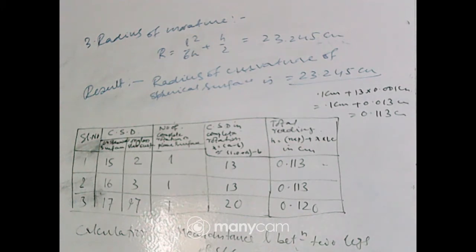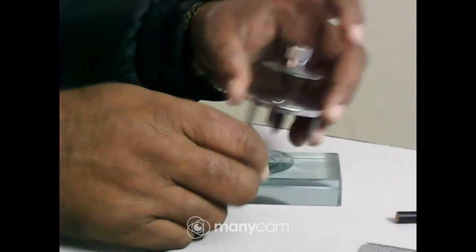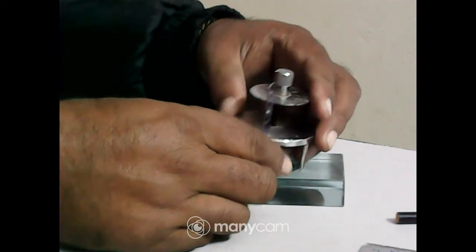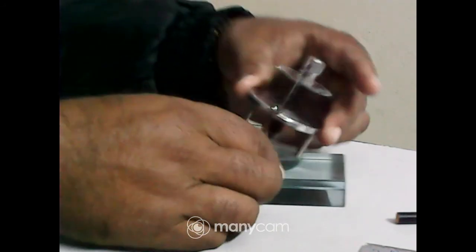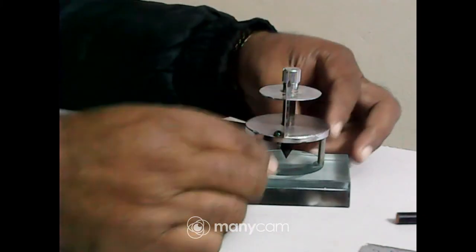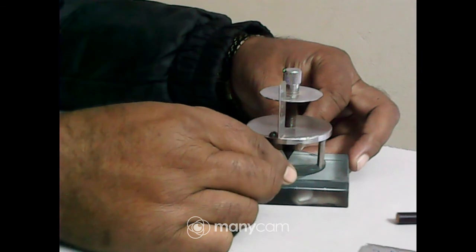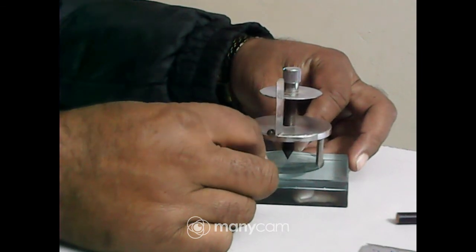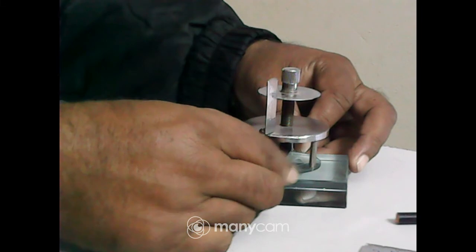Again, you see the practical part. Suppose you see here, with the help of the three legs, you stand the spherometer on that surface. With the help of the three legs, you put the spherometer on the spherical surface, that means the lens.